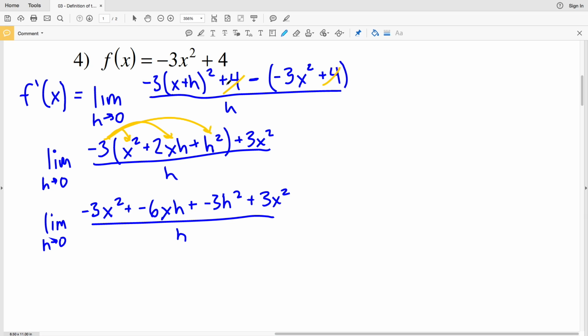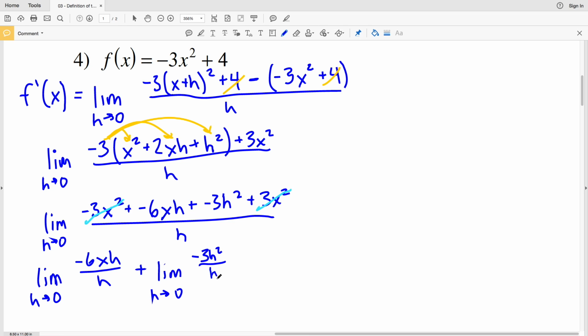So you can see that 3x squared will cancel out with negative 3x squared to leave me with negative 6xh plus negative 3h squared. But I can add these limits together, so writing each of these over that common denominator, I'll have the limit as h approaches 0 of negative 6xh over h plus the limit as h approaches 0 of negative 3h squared over h.